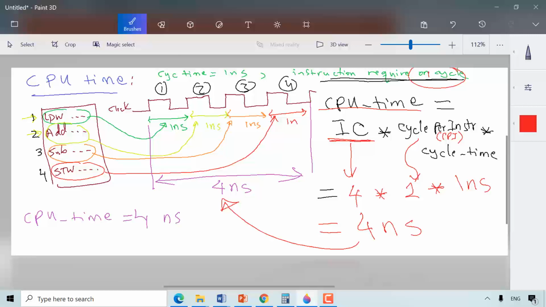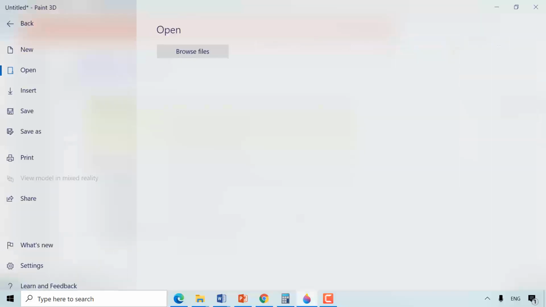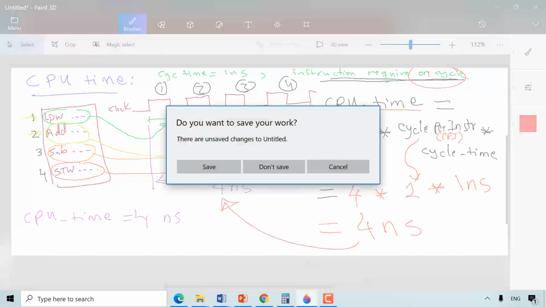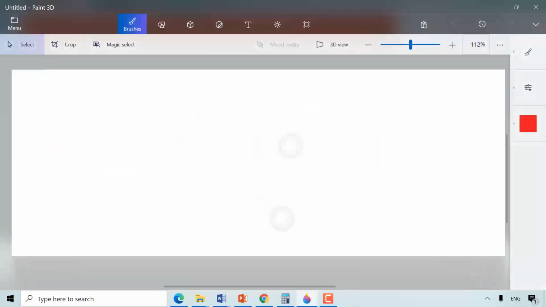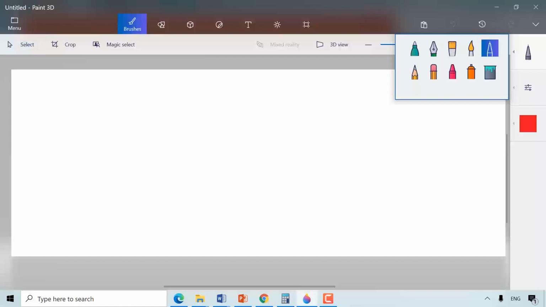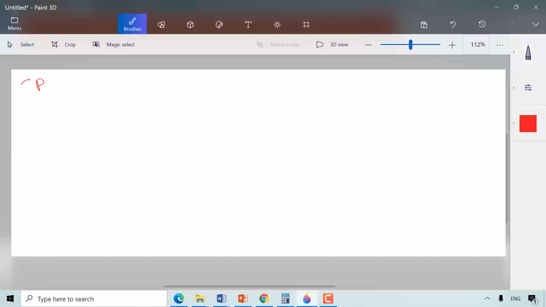And by the way, let's express this one more time. We said that the CPU time equals instruction count, meaning how many instructions.